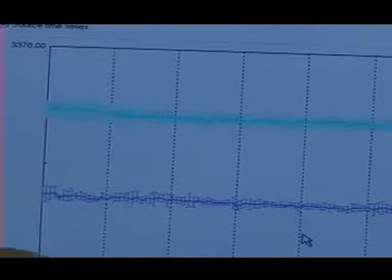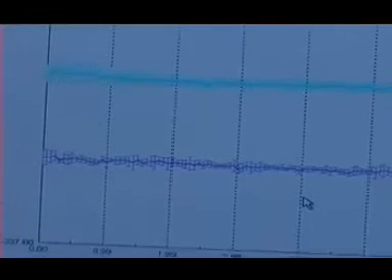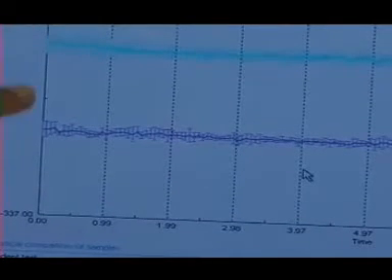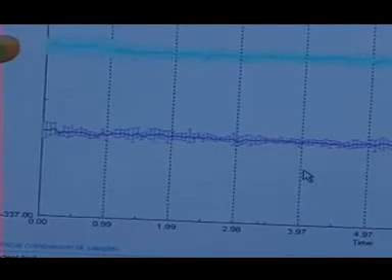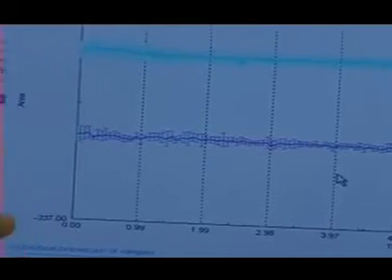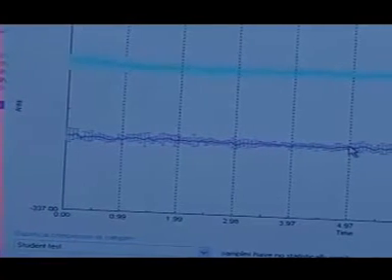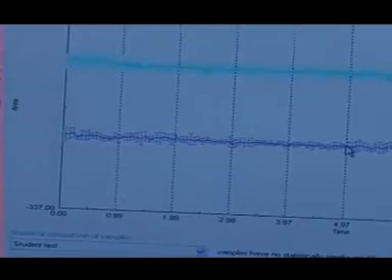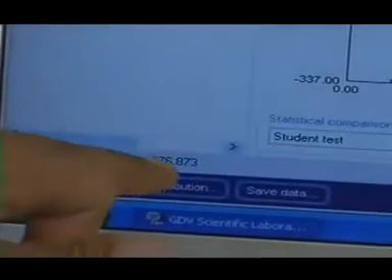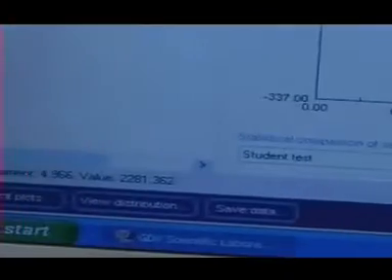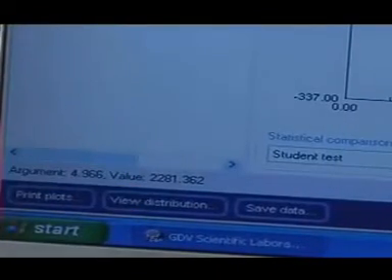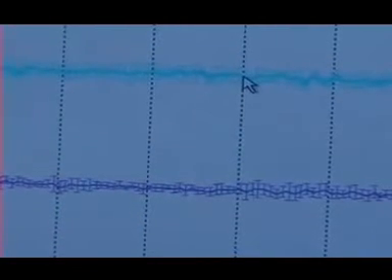This is time on the x-axis, and area, which is the number of pixels, on the y-axis. Here the mean value, let's go to the midpoint, is roughly about 980, and the mean value after the charge is 2281. So of course the glow of the water is tremendously higher than where it was to begin with.